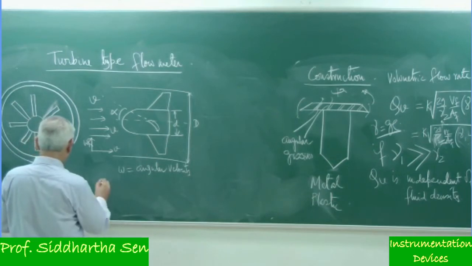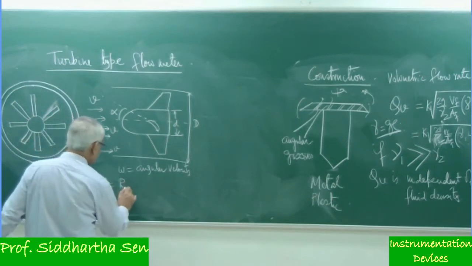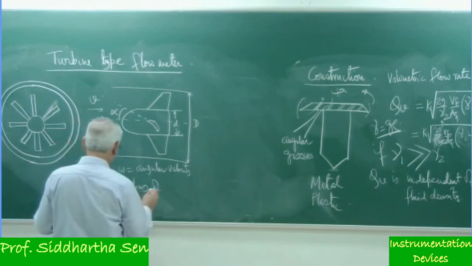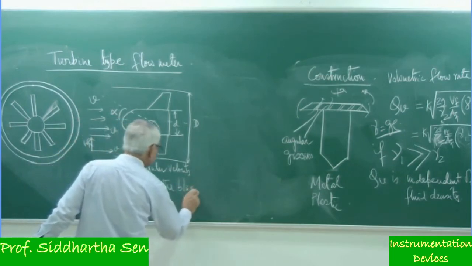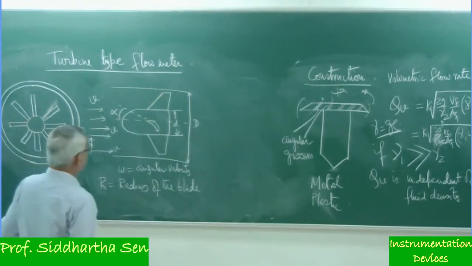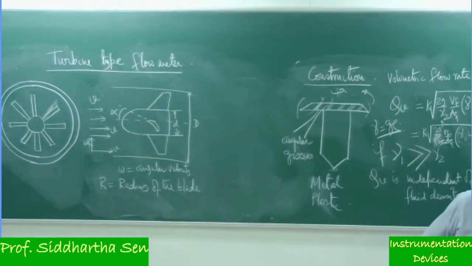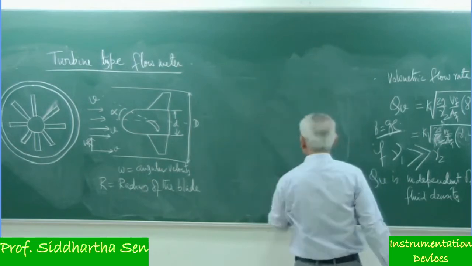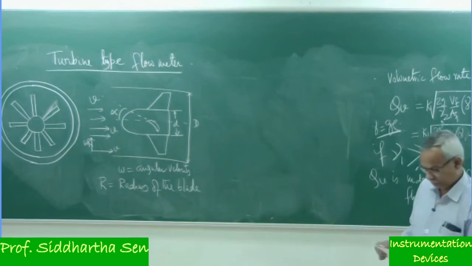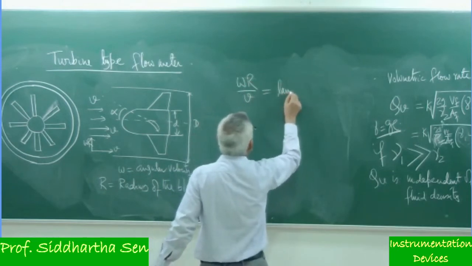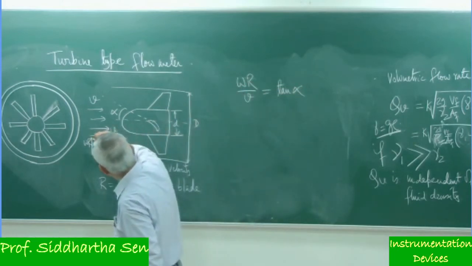And if we say that r is the radius of the blade, because this radius we can find out, so we can write it down that omega r by v is equal to tan alpha, because they will constitute an angle.